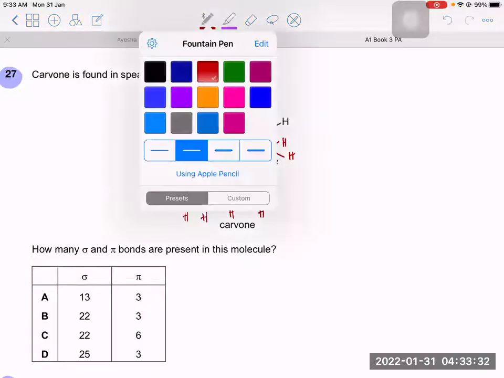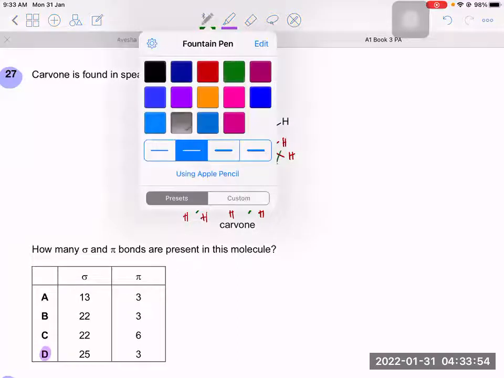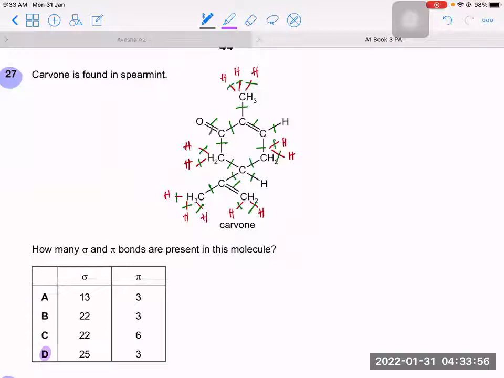Let's count the sigma first. 1, 2, 3, up to 24, and 25 sigma bonds. The answer is D. And you see you have 3 pi bonds. 1, 2, and 3. Clear?